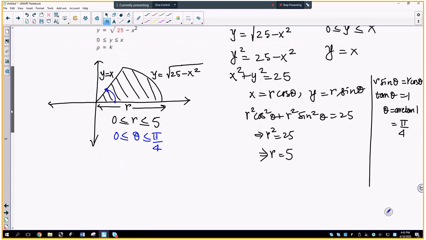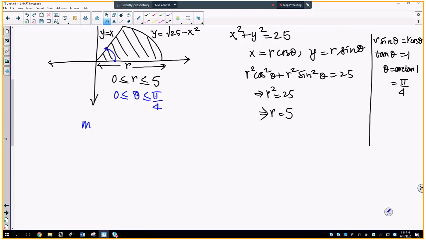So let's talk about the formula for the mass. The mass is the integration over the region of the continuous density function with respect to the area, which I'm going to do in polar substitution. So let's do the integration with respect to r first. The limits are 0 to 5. Your density is k, and remember, polar substitution requires you to multiply by r.